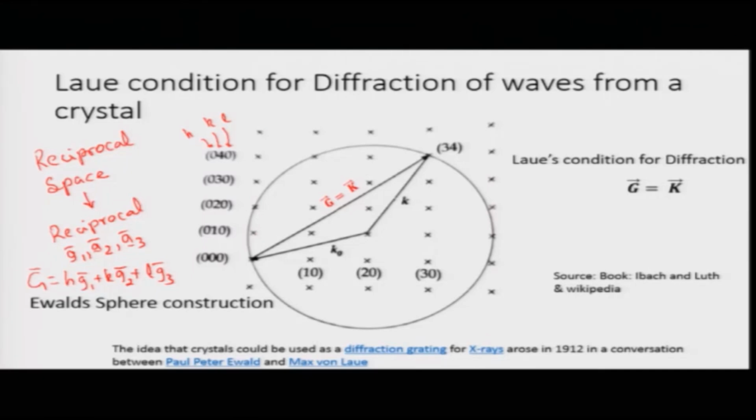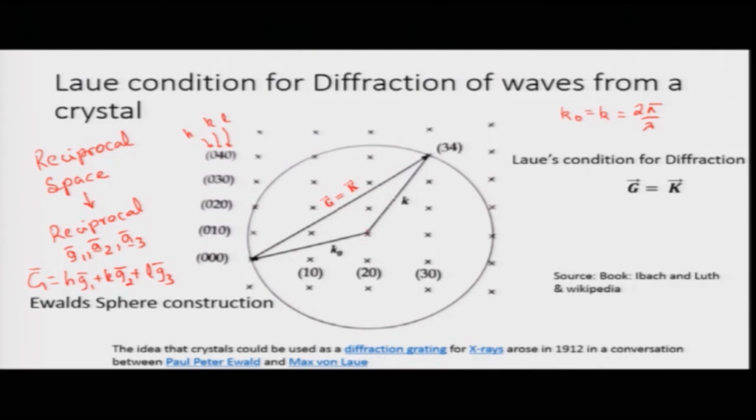Now, in this reciprocal space, which is in length inverse, I can draw my incident wave vector. The incident wave vector k naught, which in my terminology is k, has magnitude 2 pi by lambda. You can draw it in the reciprocal space as a vector, as shown here.